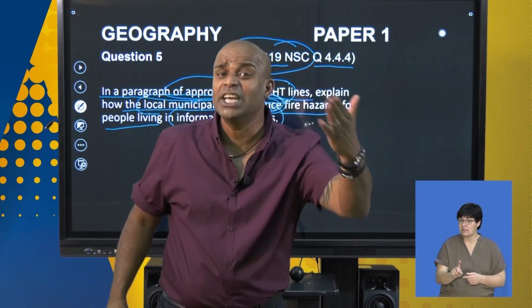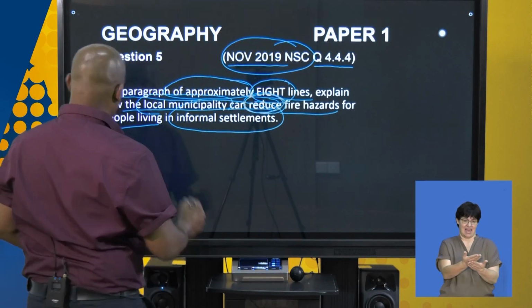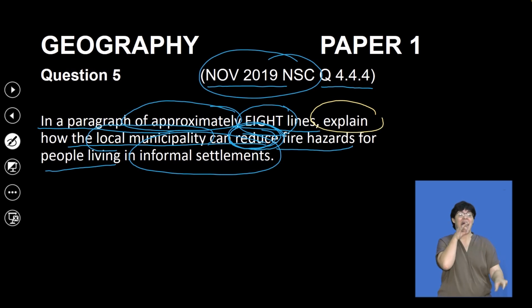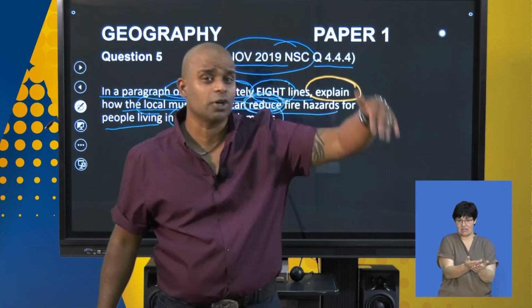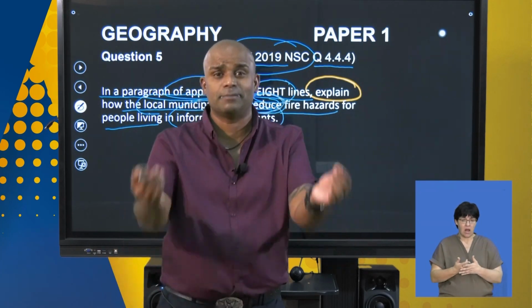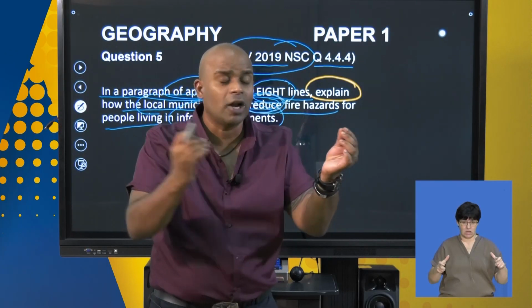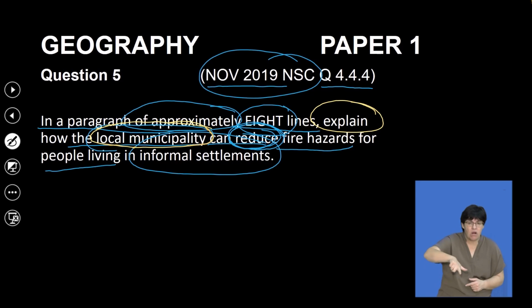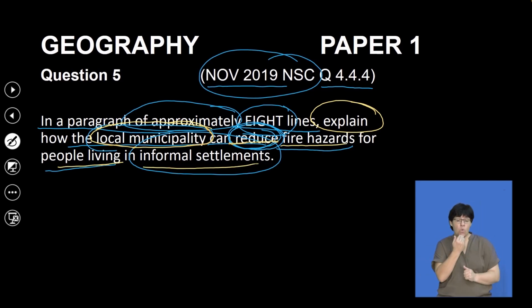An application level, because here we've got the word, and I'm going to change the color for this one, explain. That means it's an application question. Taking your knowledge of characteristics of informal settlements and the growth of informal settlements, now using that knowledge, analyze how the local municipality can reduce fire hazards for people living in informal settlements.